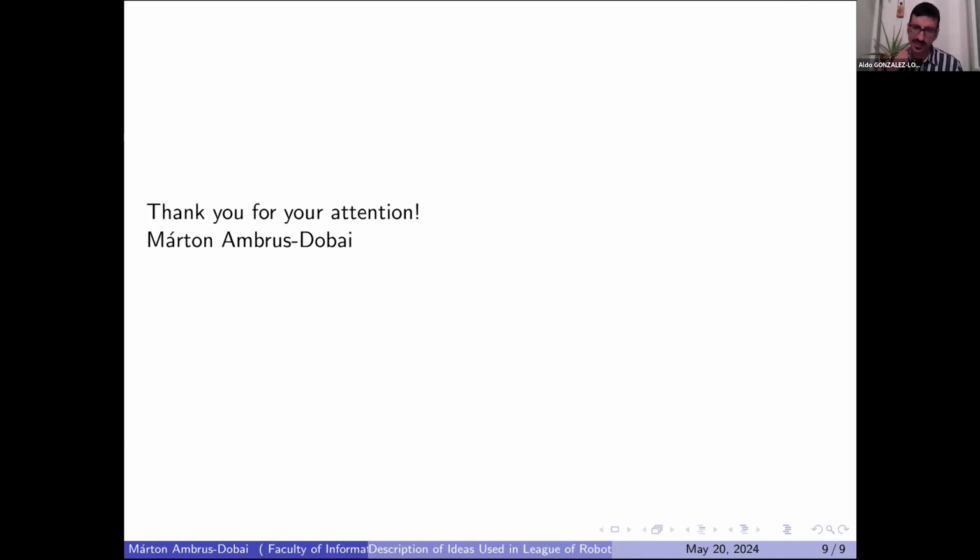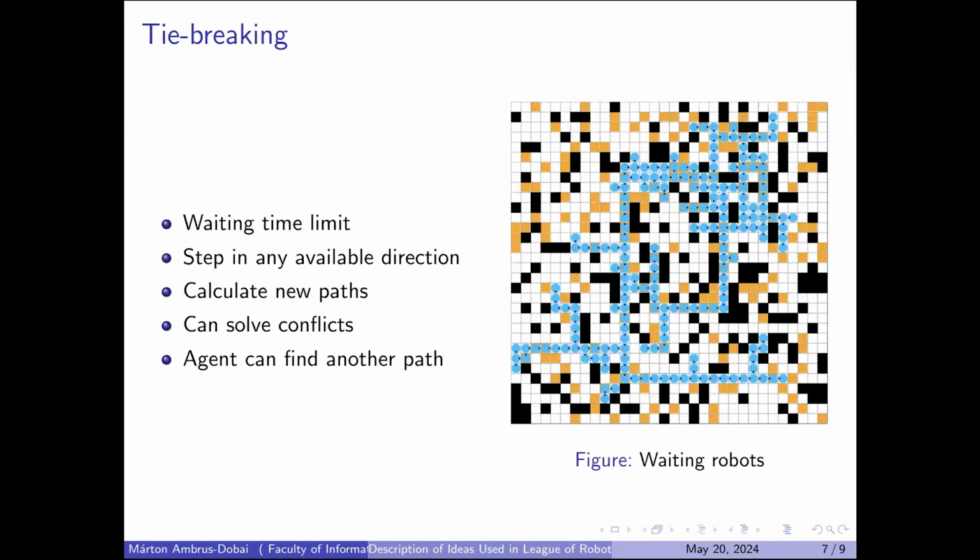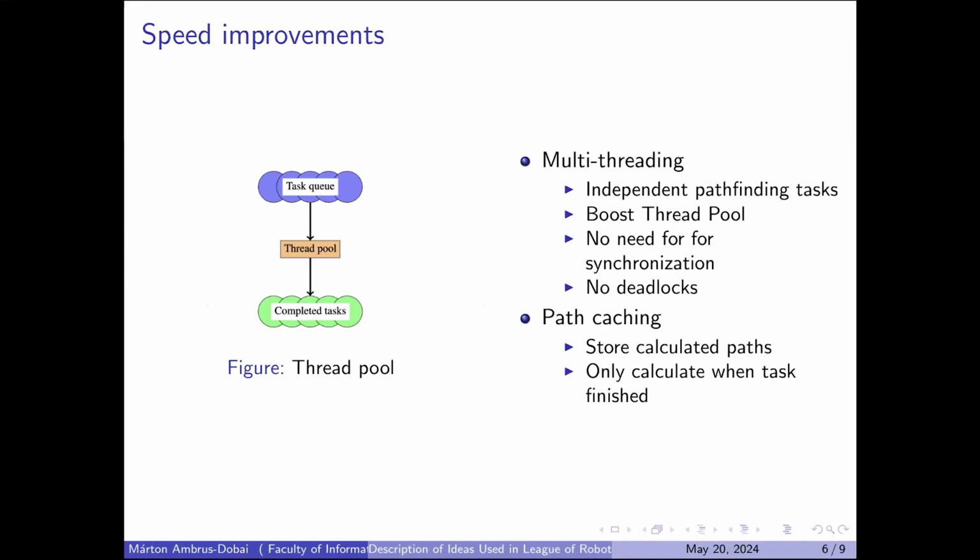I don't understand. How could you compute paths in parallel with multi-threading? I guess you have problems with agents that go past the same point. How do you do that? The way I can do that is because all the path plannings are independent from each other.